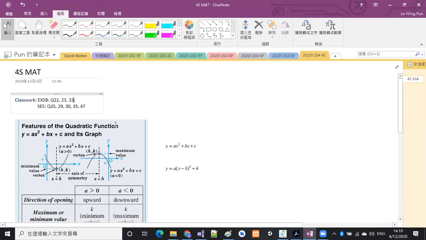Because actually, if you just understand the concepts here, you are able to do all of them. I would like to give you 20 minutes to do this. So now it is 2:15. And then I'm going to start talking about this at 2:35.